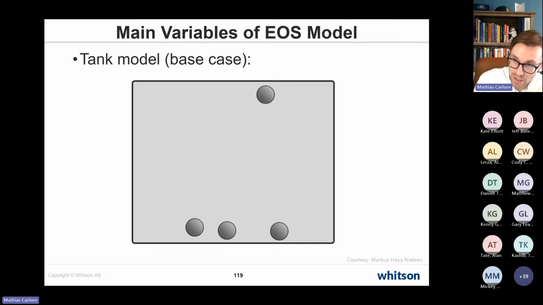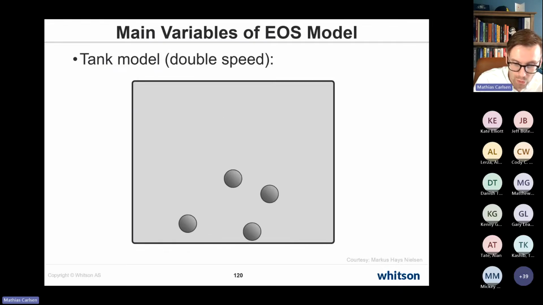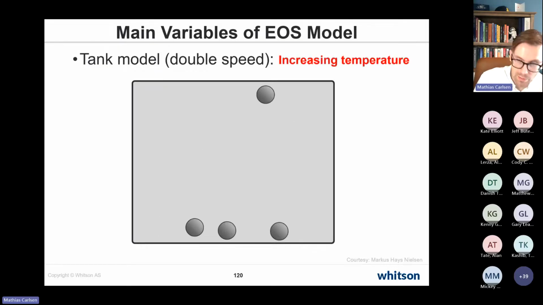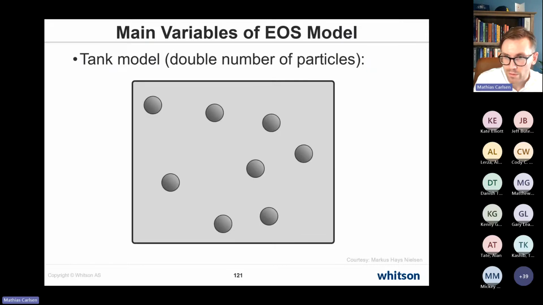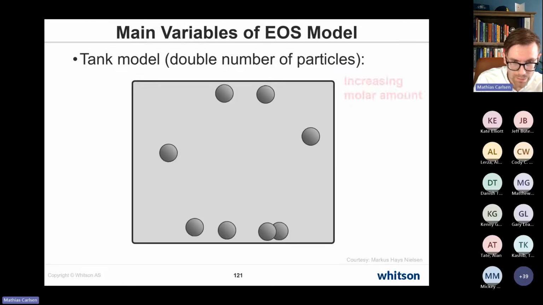If we increase the temperature, or double the speed of these particles, you will hit the tank wall more often. Pressure is increasing as temperature is increasing. If you double the number of particles, you'll hit the wall more often. Again, pressure is going up.